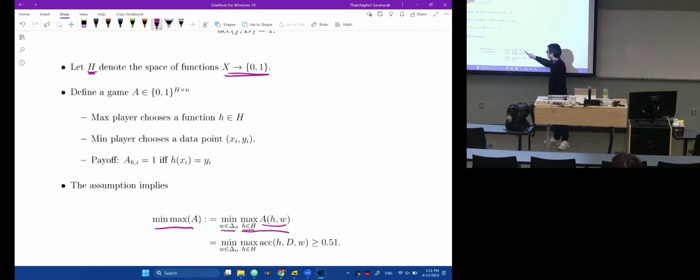What is A(h, w)? You can check that this is exactly the accuracy of h on this data set with the weight w.